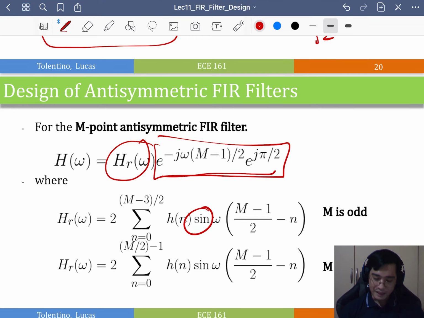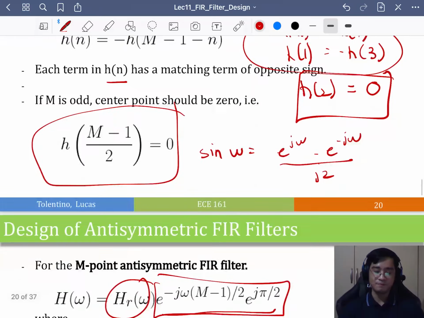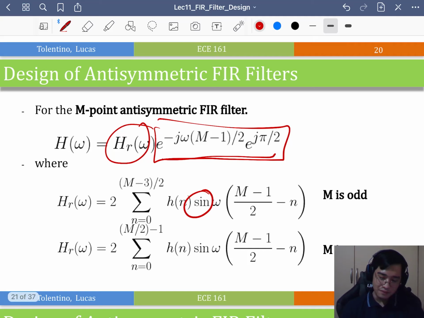So somehow we can arrive at a sine function there because each term has a matching opposite sign. And we do not have a center point. That's why we don't have something here. We equate that to 0 because the center point must be 0 when we are designing an anti-symmetric FIR filter.